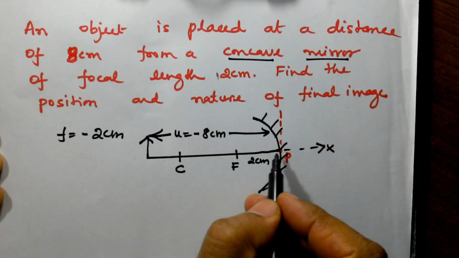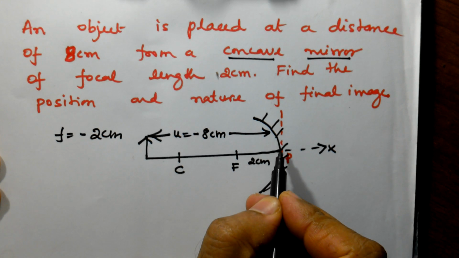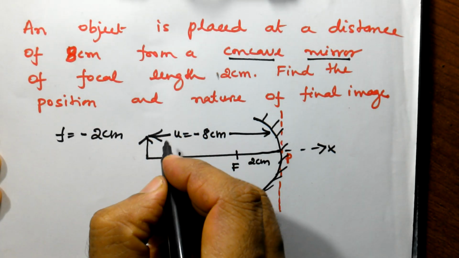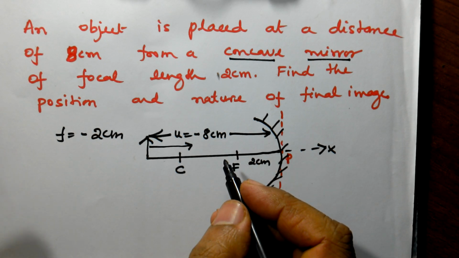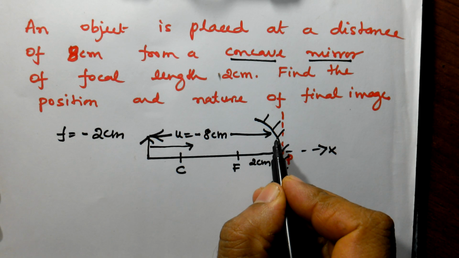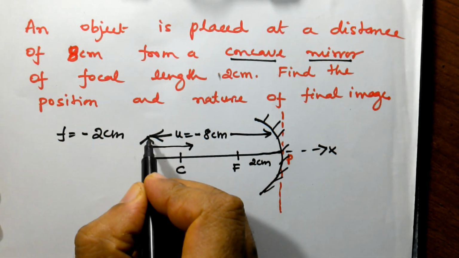If you keep the object here, you have to measure the object distance starting from the pole and walking towards this side, which is opposite to the direction of incident light from the object. Remember, light is always coming from the object. That light which comes from the object and is incident on the mirror must be taken. Sir, is there any ray of light going like this?